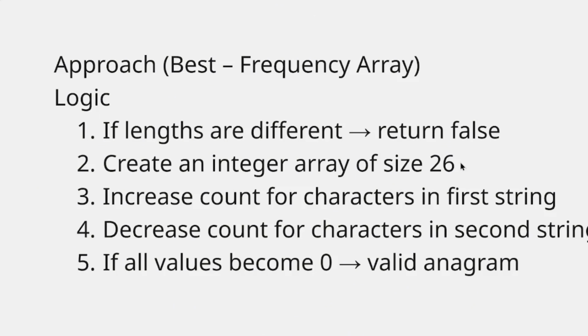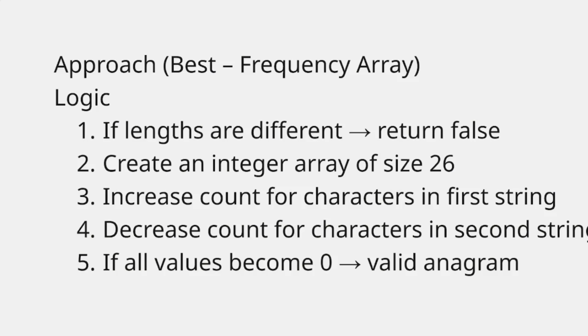In step 1, if the lengths are different, return false. If the length of string 1 and string 2 is different, of course it's not a valid anagram, because there may be an extra character in string 1 or string 2.